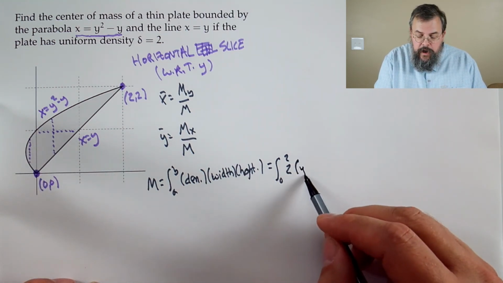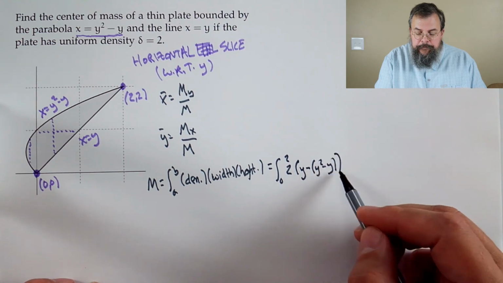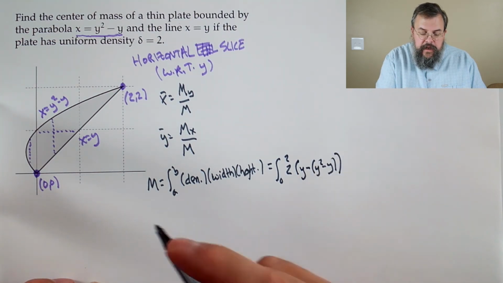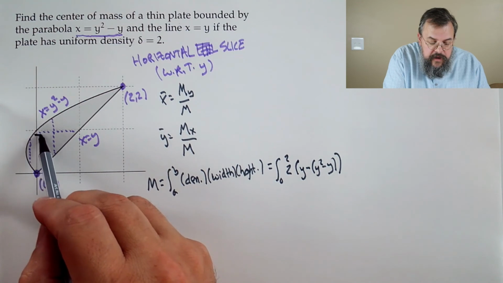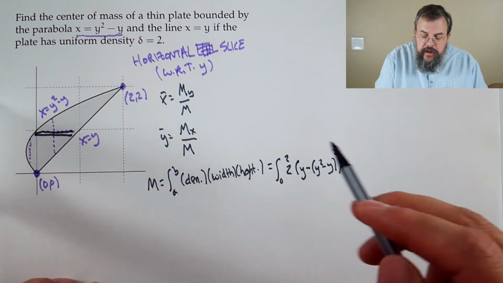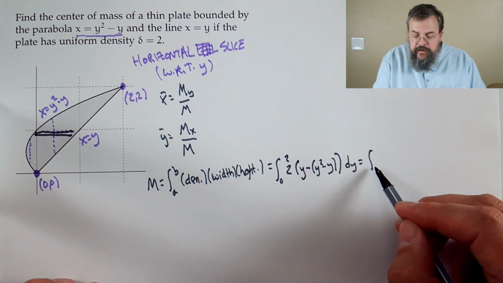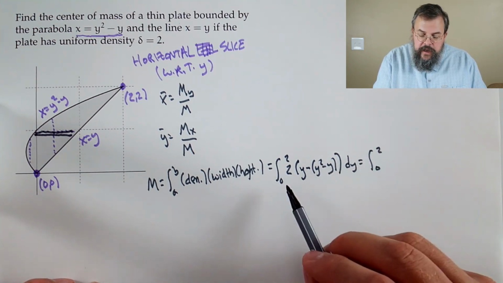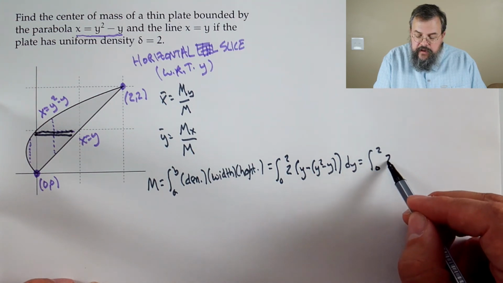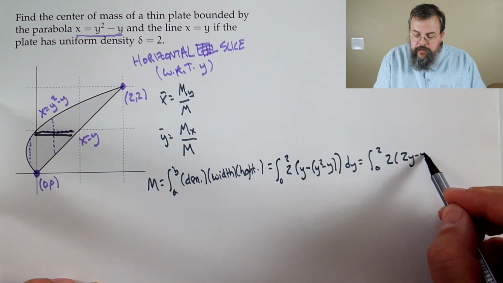So y minus y squared minus y. That's our width. And our height is this little thickness here, right? So our height is our change in y. That's our dy. So this becomes the integral 0 to 2. And the 2 is a constant. And here it becomes 2y minus y squared.